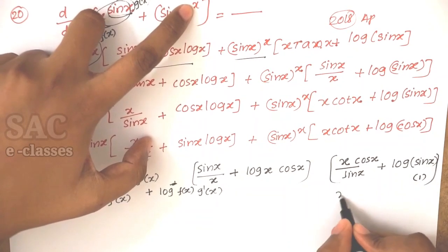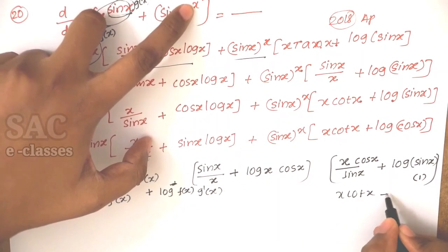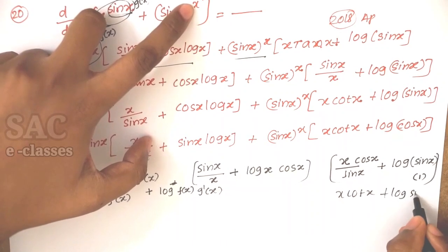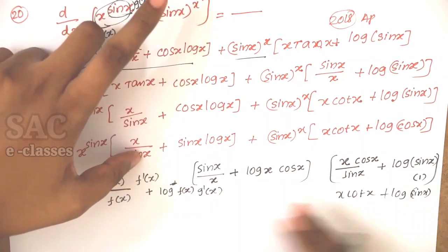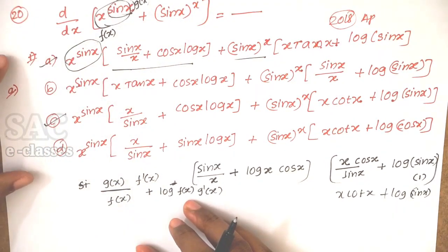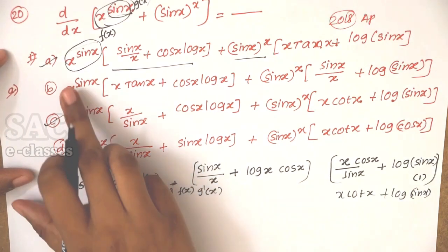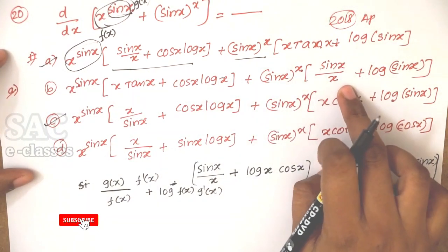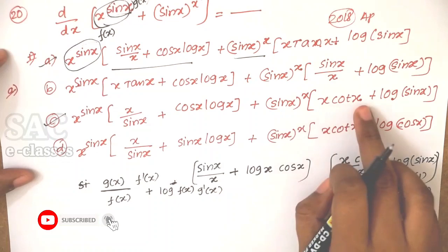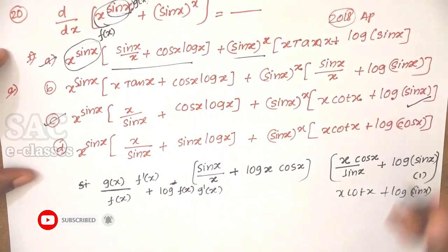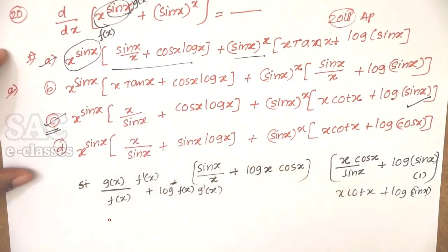That's it. That means x cot x plus log of sin x will be the answer. Now in which option was it like that? In the first option sin x by x is there, but in the third option x cot x is there. Yes, option 3 is correct.